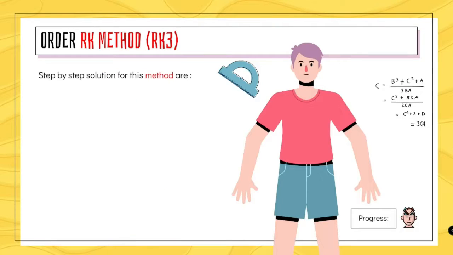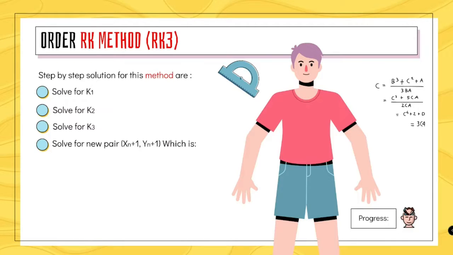So guys, here is the step by step solution for this method. Step 1 is solve for k sub 1. Step 2, solve for k sub 2. Step 3, solve for k sub 3.